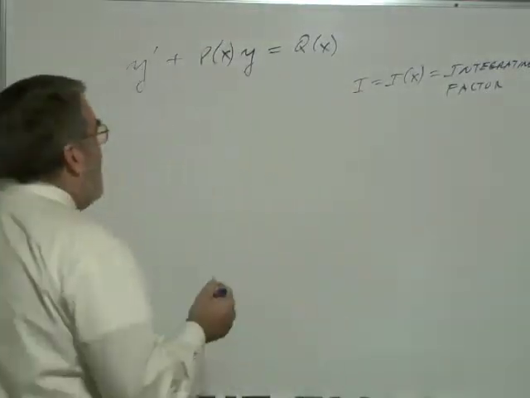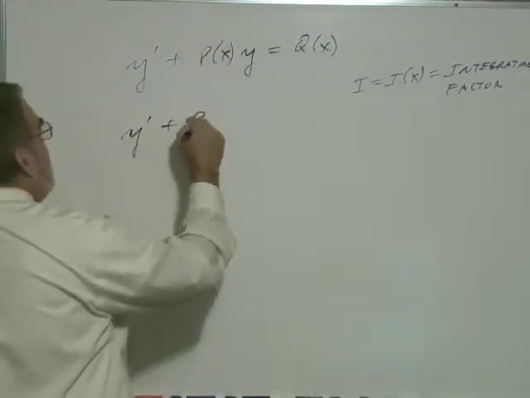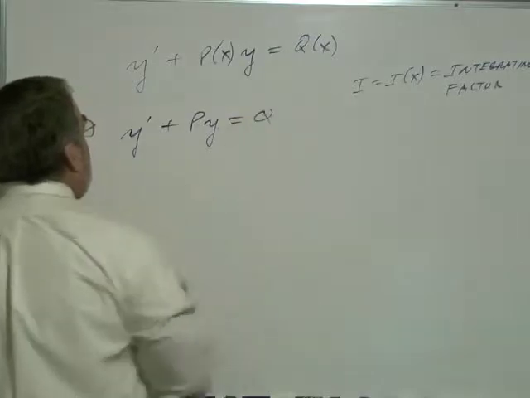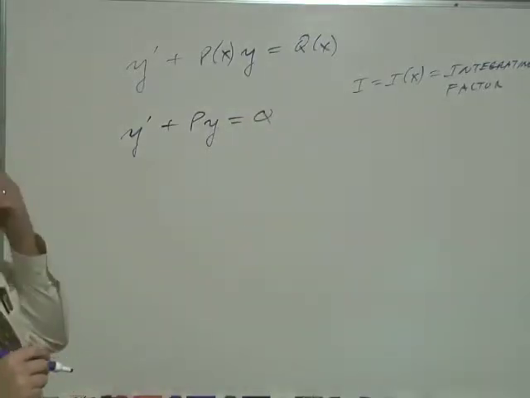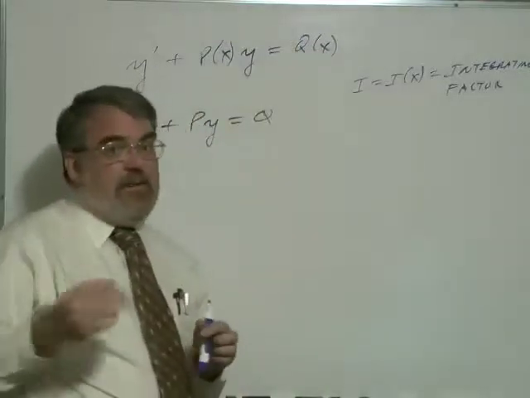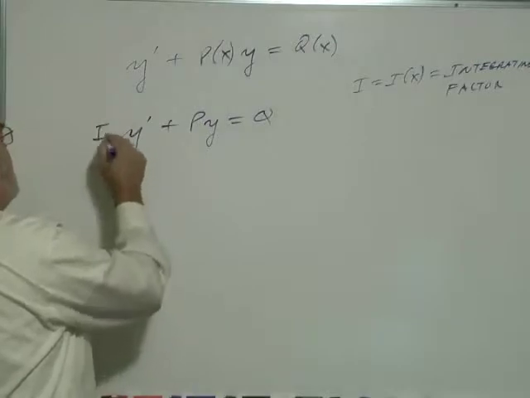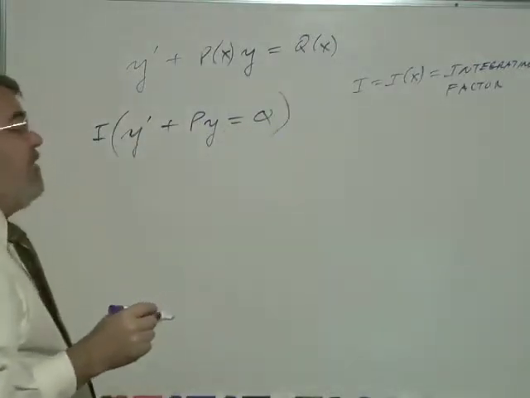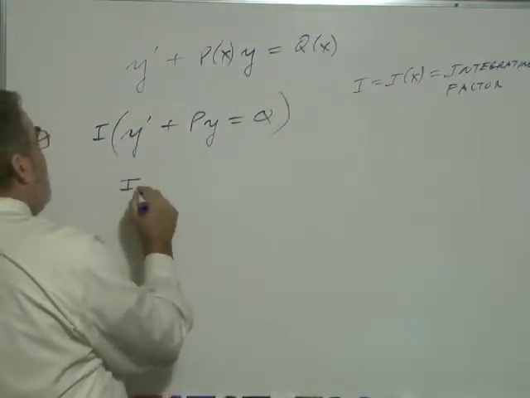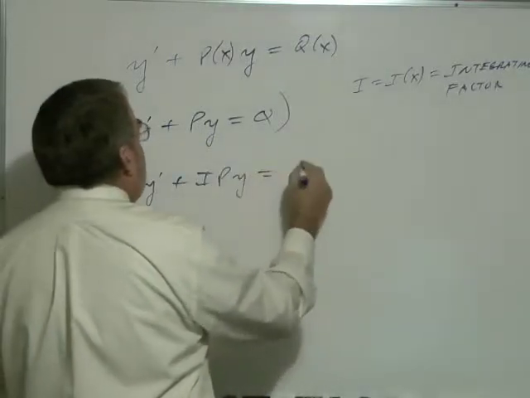Now, just to save some writing and make it look a little simpler, let me think of it as y prime plus py equals q. Bear in mind, though, that p and q are functions of x, as is I. So I'm going to multiply my equation by my integrating factor. This gives me I y prime plus I p y equals I q.